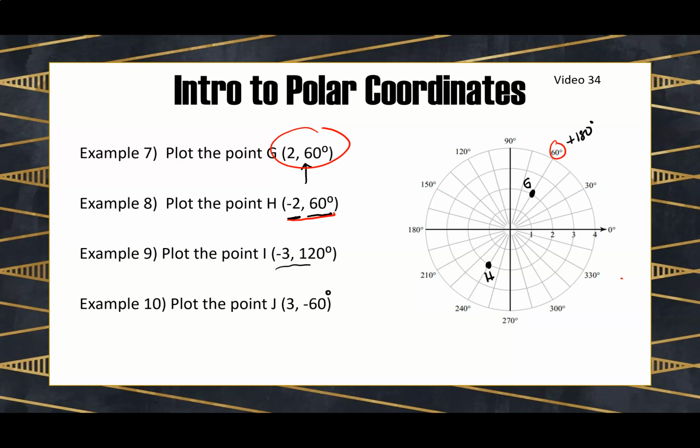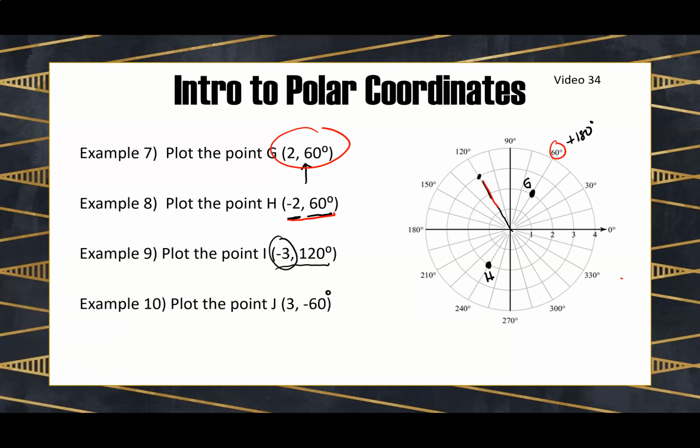All right, let's try -3, 120. Well, where's my 120? It's right here. And if I want to graph the positive point, I would actually be right about here, right? But since this is a -3, we're actually going to go in the opposite direction.